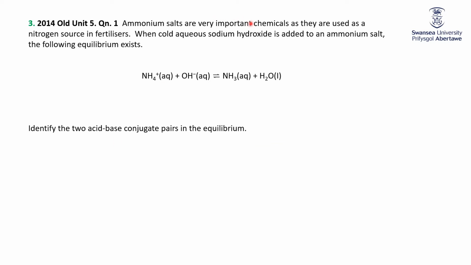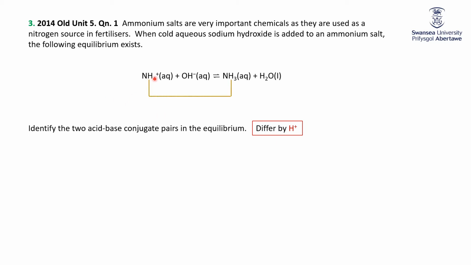Ammonium salts, very important chemicals, used as a nitrogen source in fertilizers. When cold, aqueous sodium hydroxide is added to an ammonium salt, the following equilibrium exists. So there's your ammonium reacting with the OH-, reversibly going to NH3 plus H2O. Identify the two acid-base conjugate pairs in the equilibrium. Well, conjugate pairs are two substances that differ by H+.